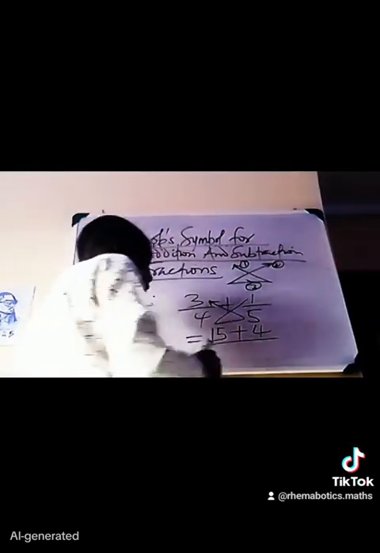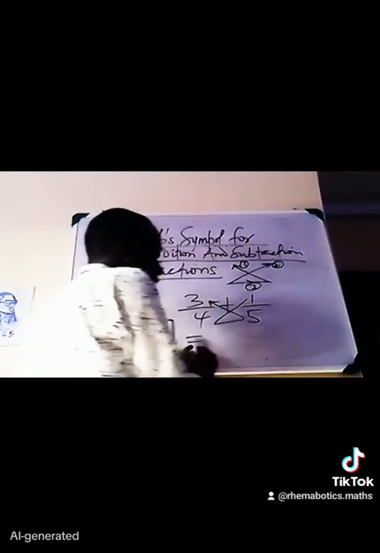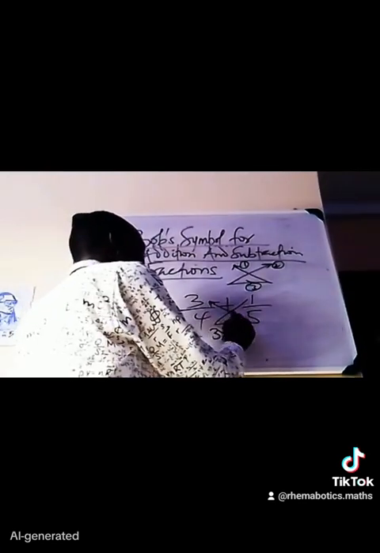So we multiply first 3 times 5. 5 times 3 is 15, plus 1 times 4 is 4, over 4 times 5. Maybe I should show you what I'm multiplying.